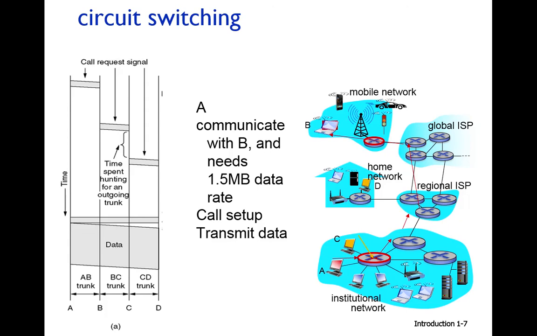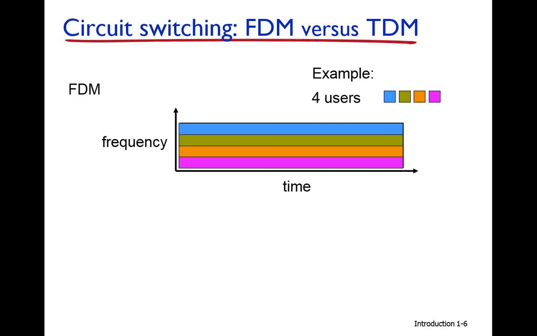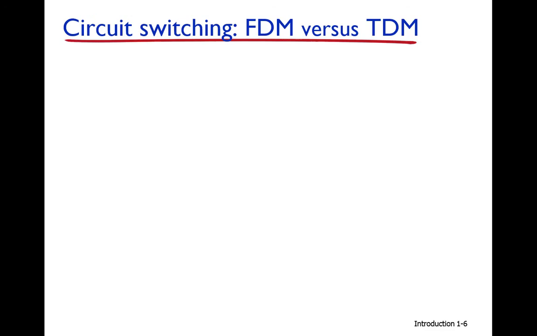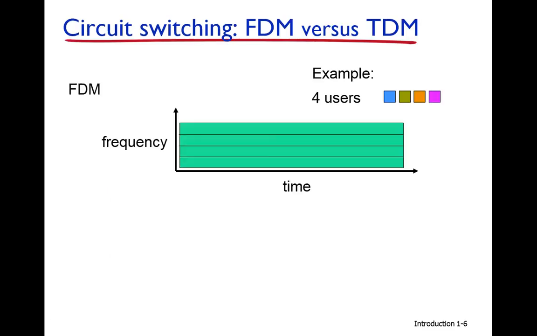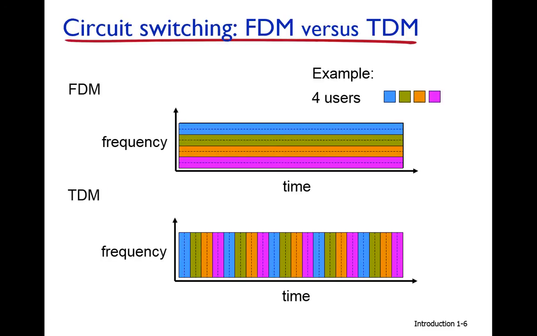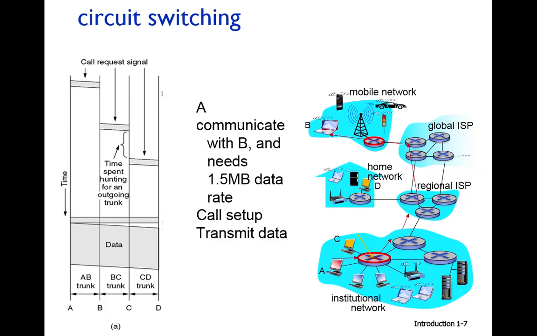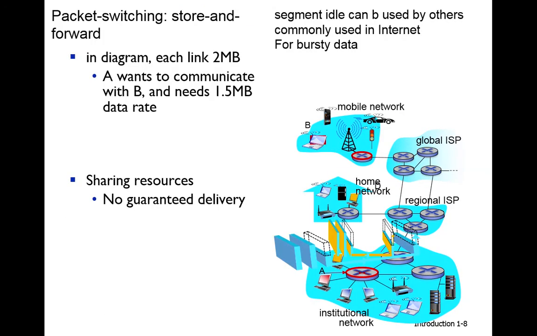So in the previous example, you can see that in circuit switching, when A was talking, C could not talk. Now in packet switching there is resource sharing.